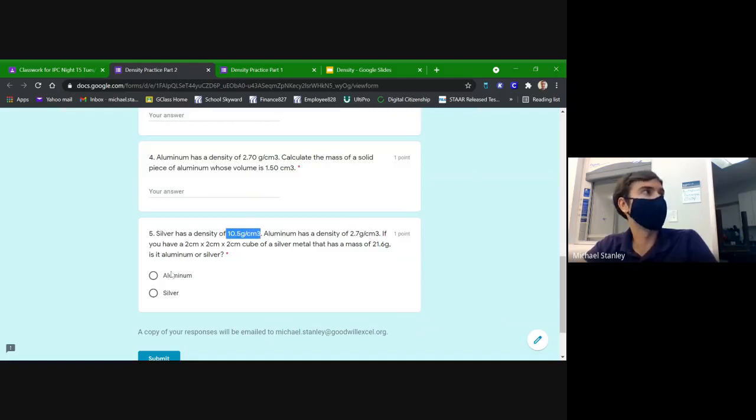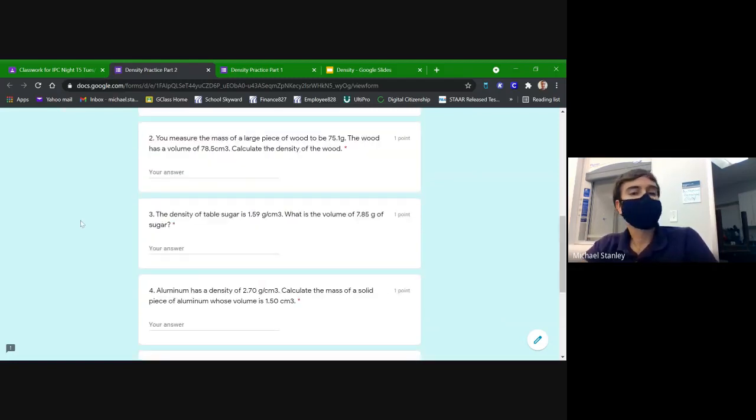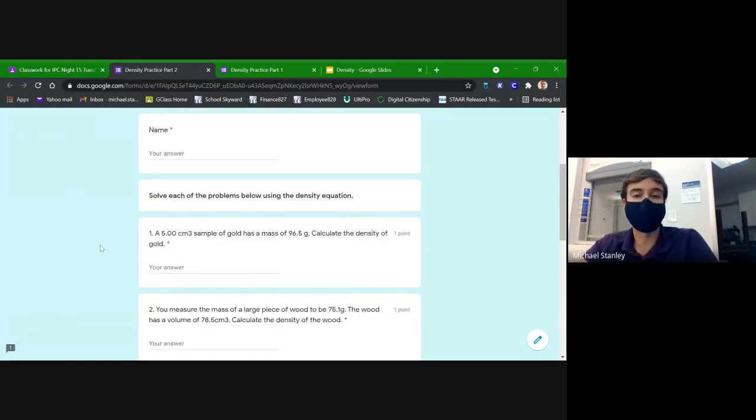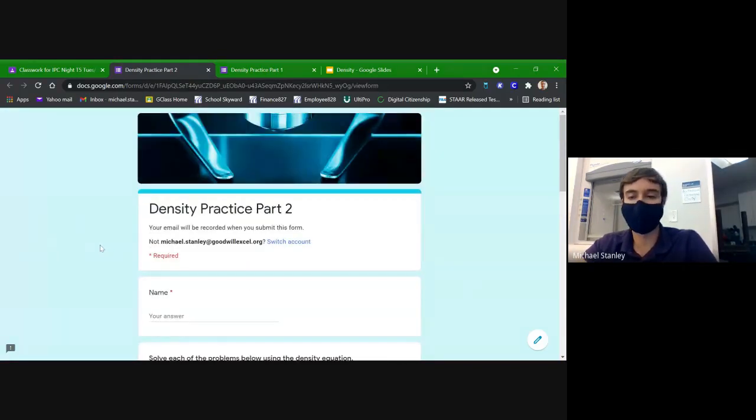That's what you'll choose for your answer. Based on the density, is this thing aluminum or is it silver? So again, this is the assignment that'll be coming up on Monday. It's a good way to review some of these basic density equations that we've been talking about tonight.